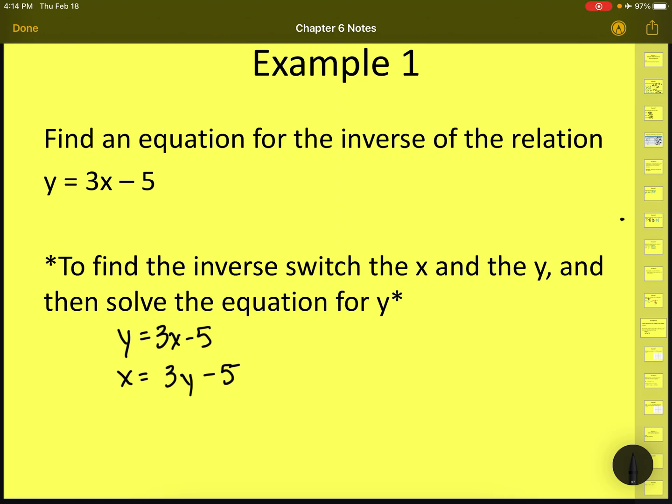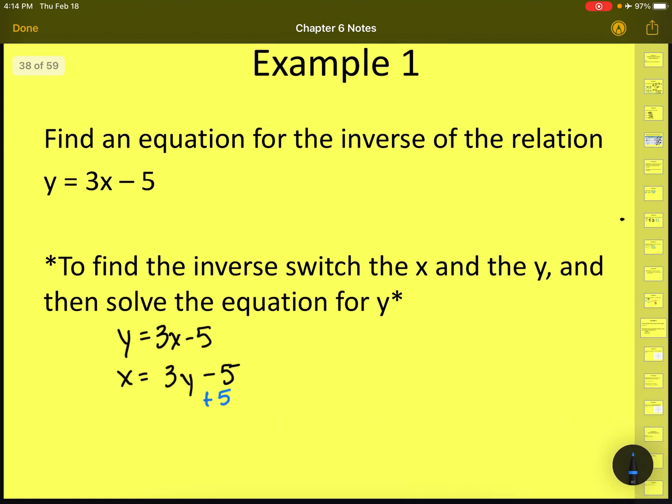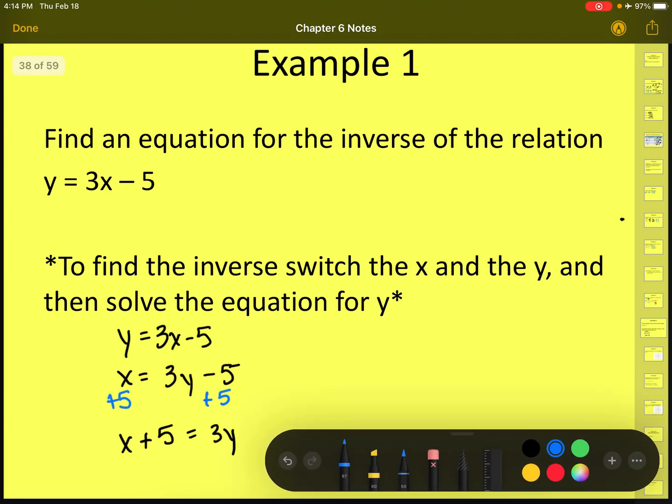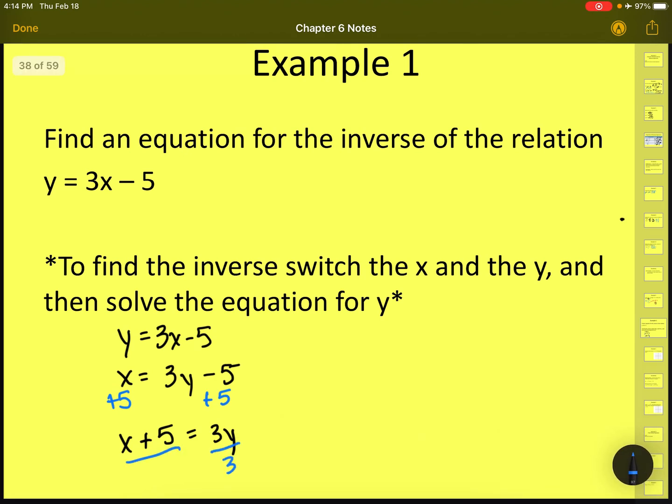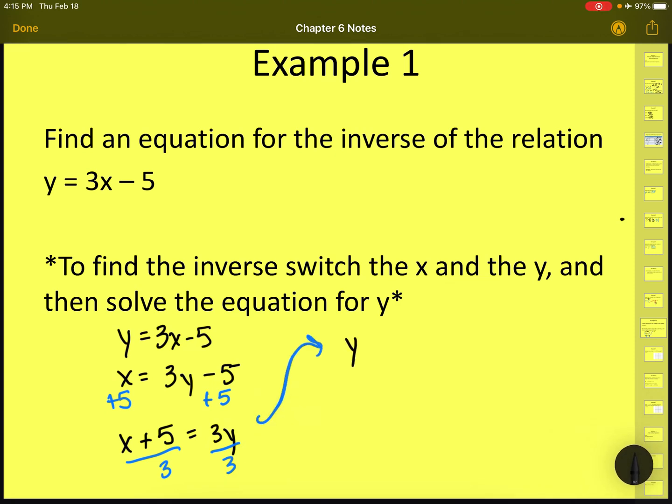So now I'm going to add 5 on both sides to get rid of that. So we're left with x plus 5 equals 3y. And in order to solve for y, the last step is to divide both sides by 3. So I'm left with y equals (x plus 5) over 3.